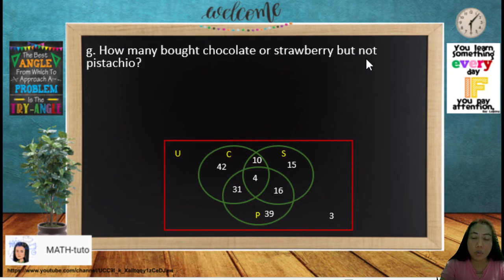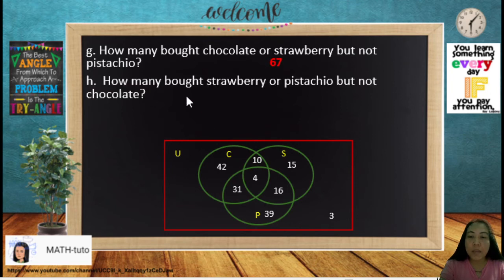So we need to exclude those who bought pistachio because it should be excluded. Ano lang ang i-add natin dyan? We will add 42, 10, and 15. So that is the union of chocolate and strawberry minus pistachio. It is 42 plus 10 plus 15, which is 67.